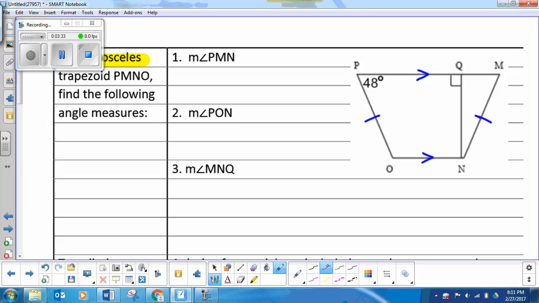I just mentioned the fact that we have a base angle provided to us, and it's 48 degrees. We know the base angles in any isosceles trapezoid are congruent. Now this line is in our way, but it's going to give us some helpful information soon enough. We know this to be 90, and since this side of the line is 90, this side will also be 90. That'll be helpful soon enough.